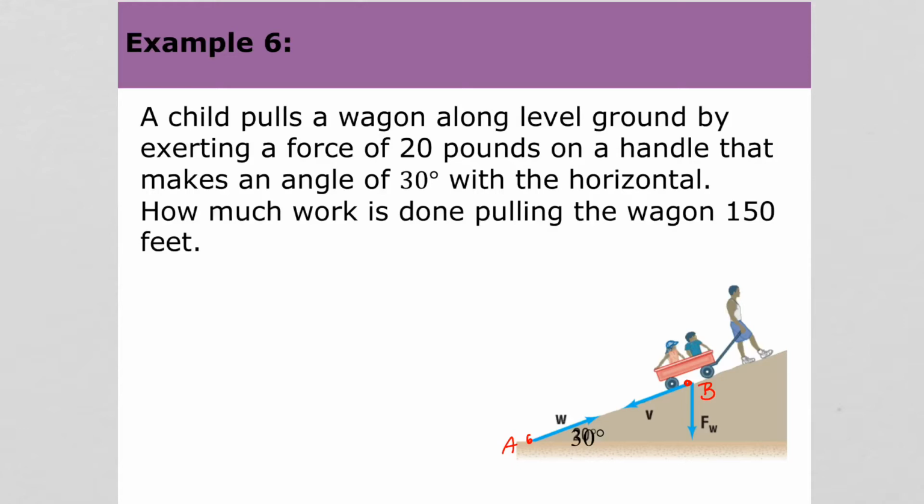The force of the work, F, is actually the force it's being pulled down. Okay, so to find the work, we take the magnitude of the force times the magnitude of our vector AB times the cosine of the angle between it.